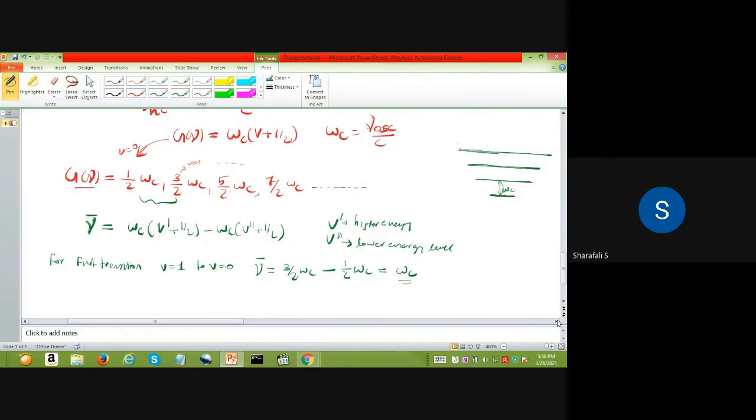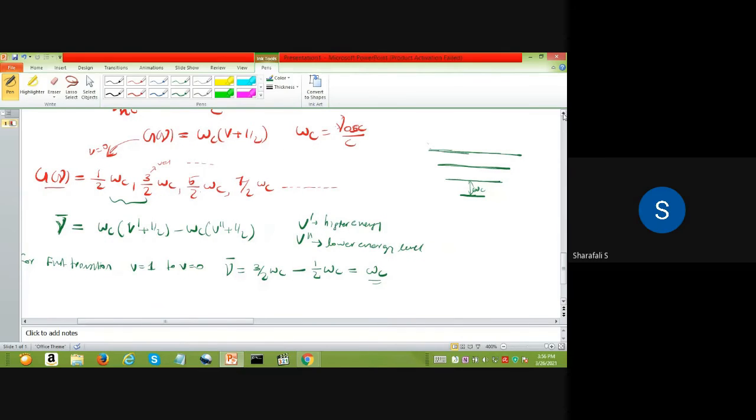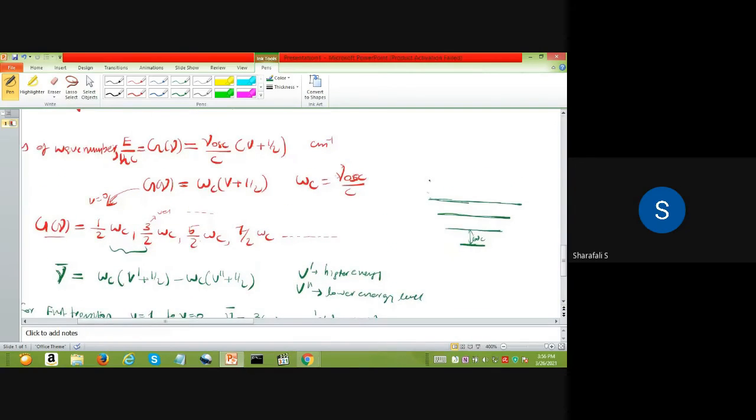Okay. Then next we have the next energy level, the same way. So the separation between each of these energy levels should be the same. So now you can connect all these lines.